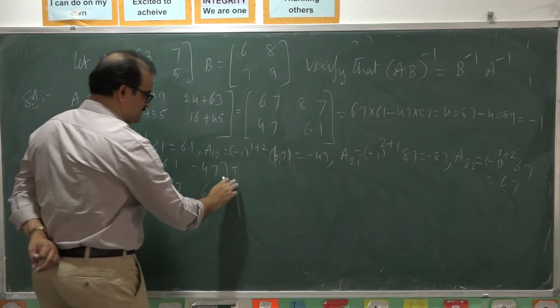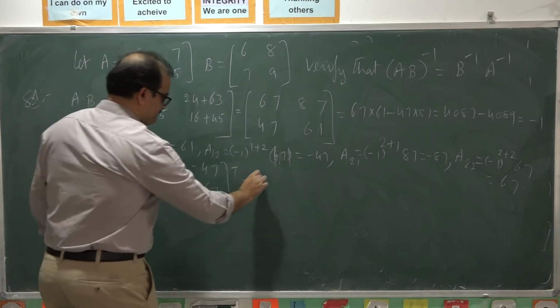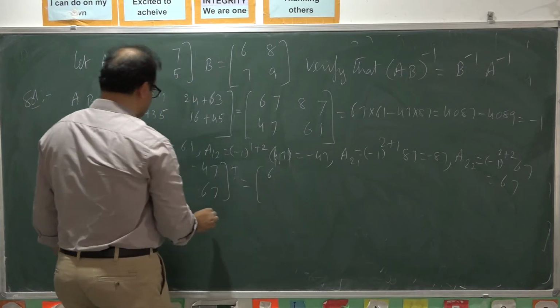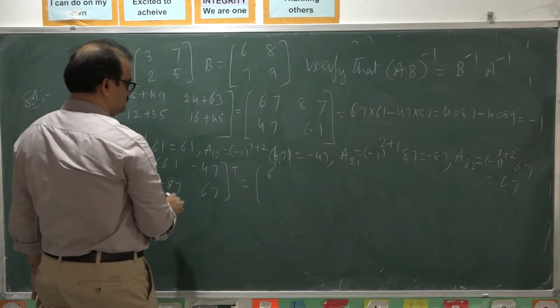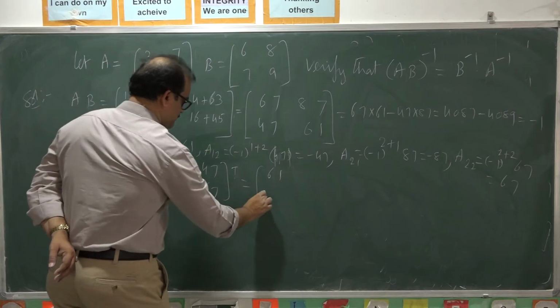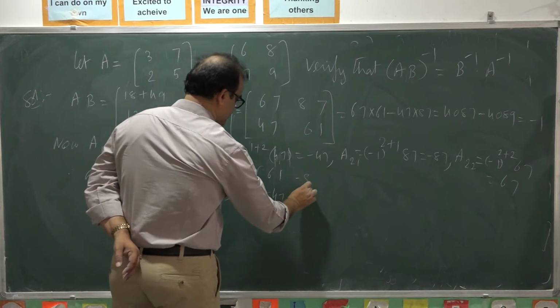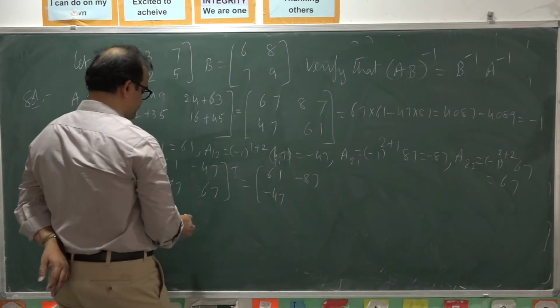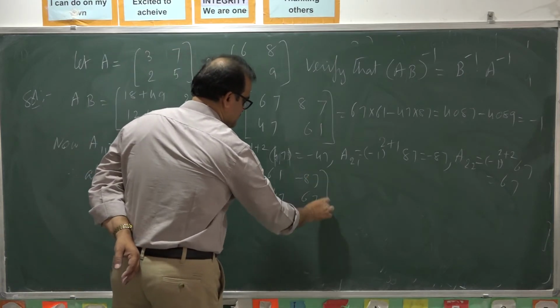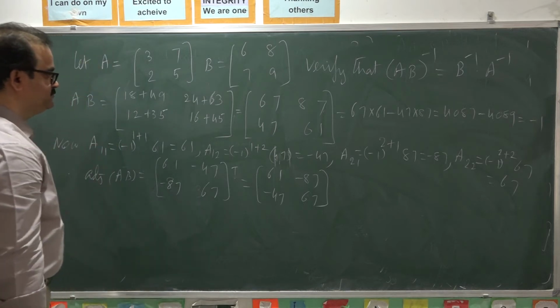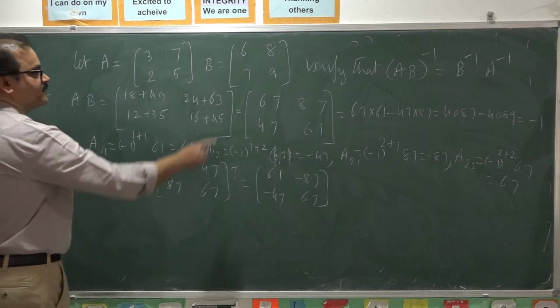Transpose of this cofactor matrix, we get 61, minus 47, minus 87, 67.